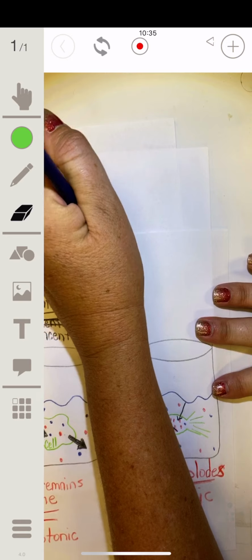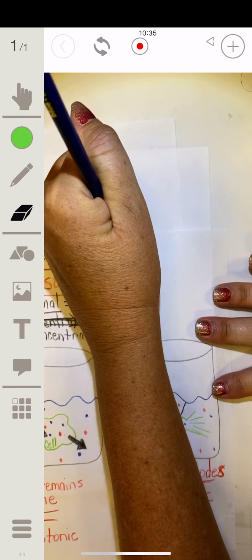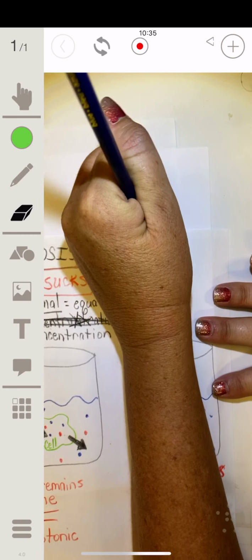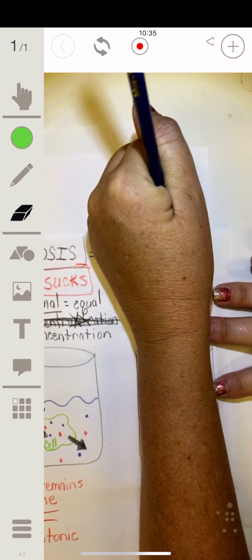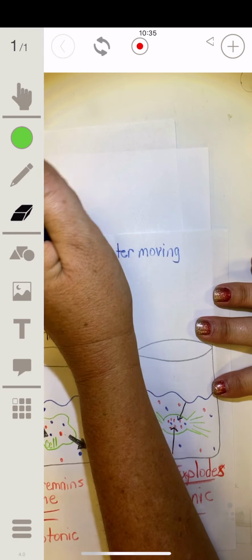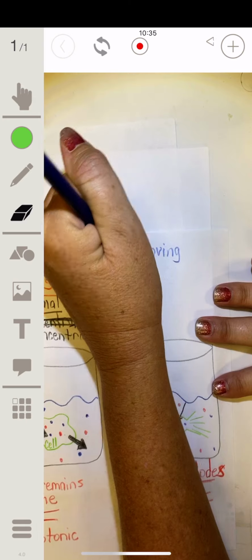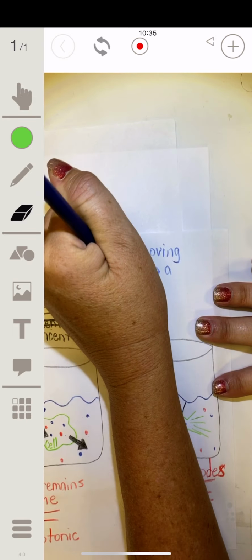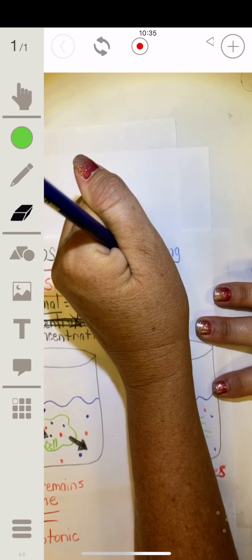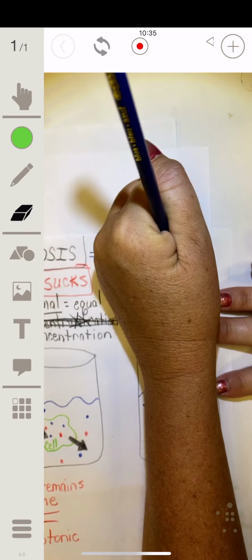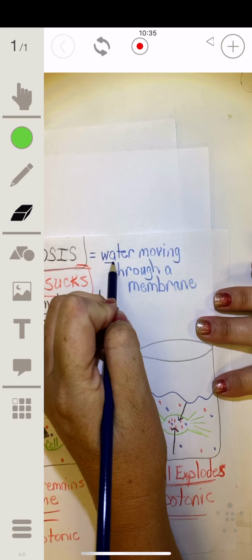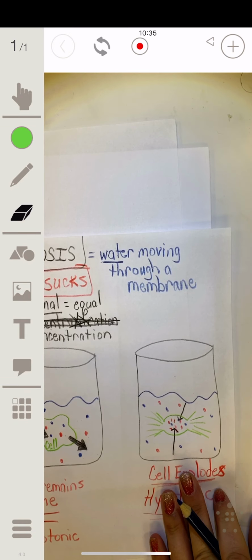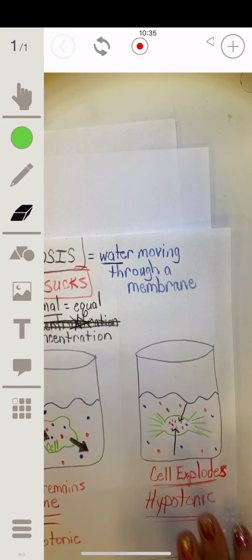Water moving through a membrane. Water only, and it's not just moving, it's diffusing, so it's going from an area of high to low concentration.